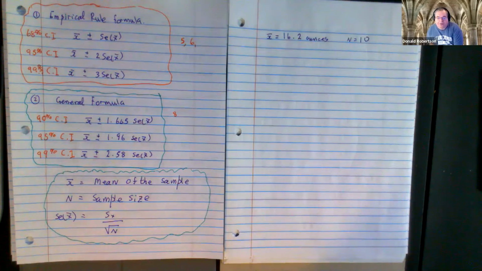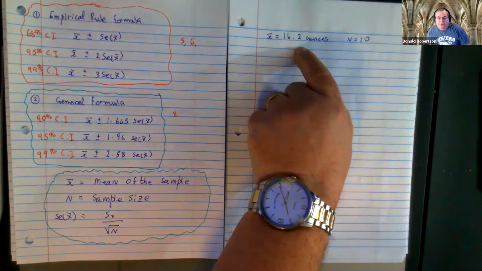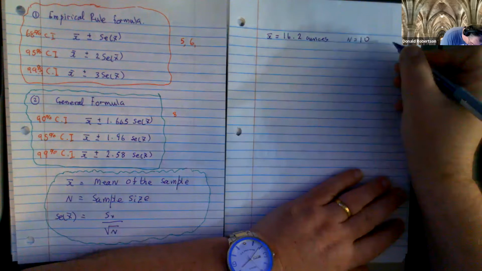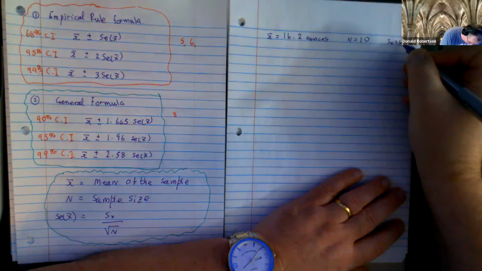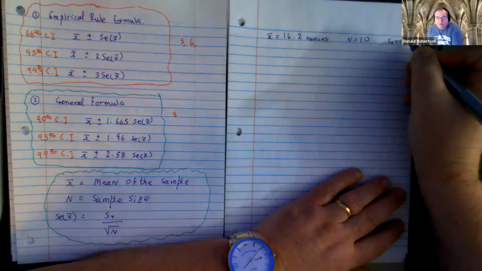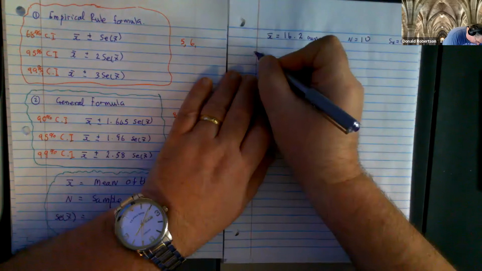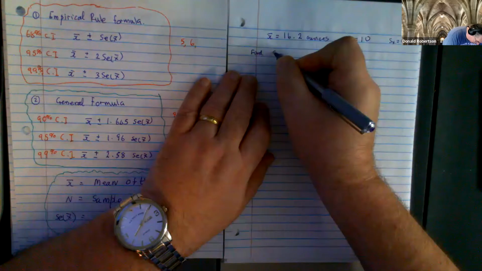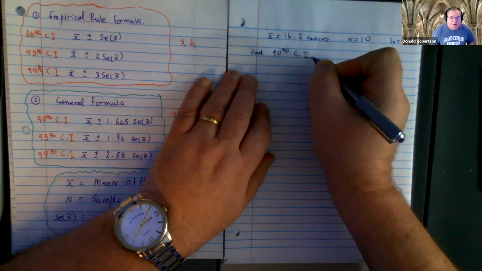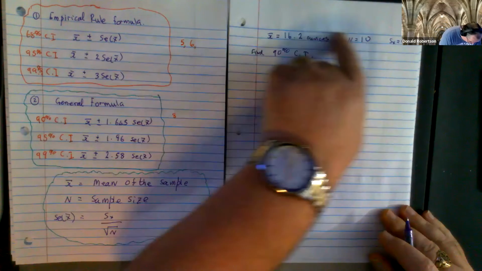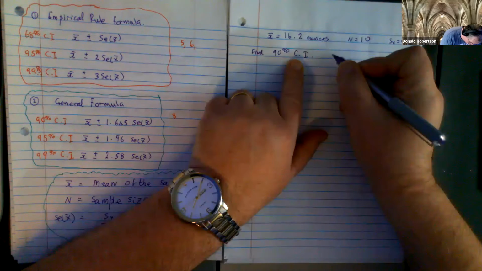You get a sample of size 10 and the average weight of them is 16.2 ounces. And the standard deviation was 0.2 ounces. What we want to do is find a 90% confidence interval based on this data. And let's say that they wanted you to do it using the empirical rule.